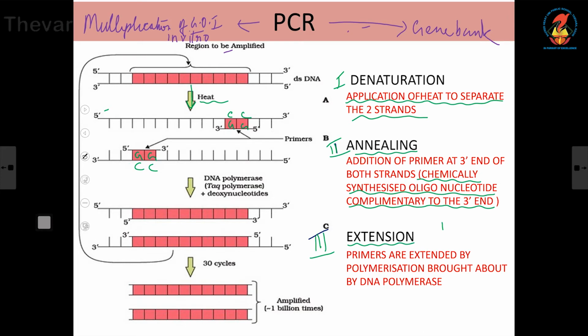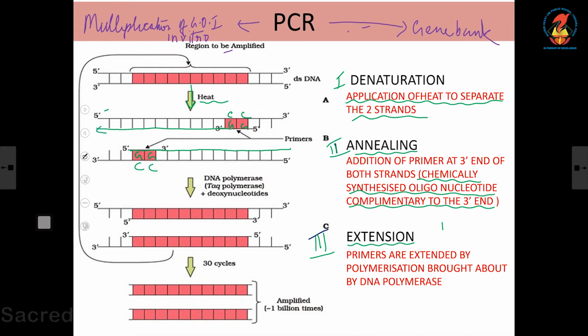And the third step is extension. The primers are extended. Look at the way it's extended. Look at the down strand. How is it extended? In this direction. Look at the direction. It runs in the 5' to 3' direction. And look at the top strand. Top strand is also maintained in the 5' to 3' direction.